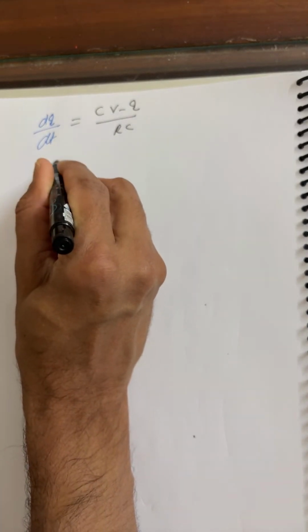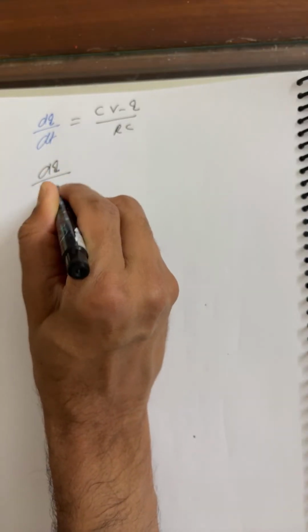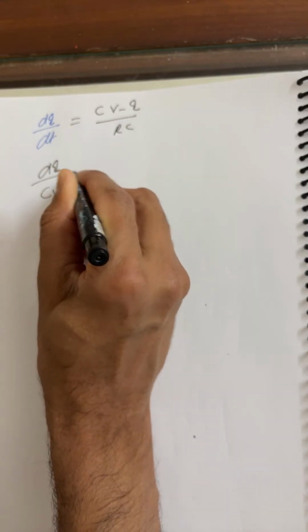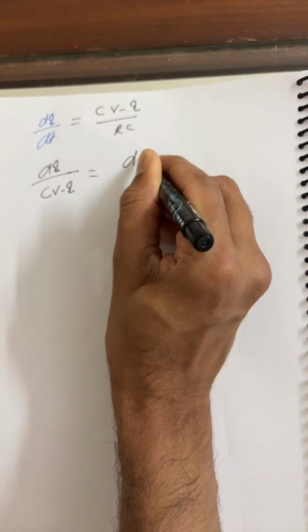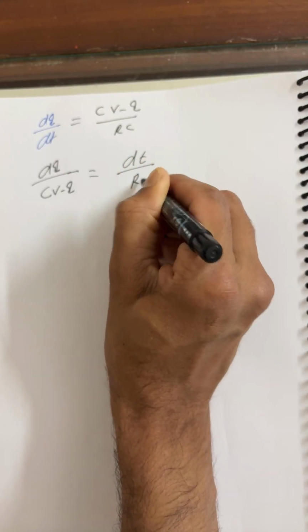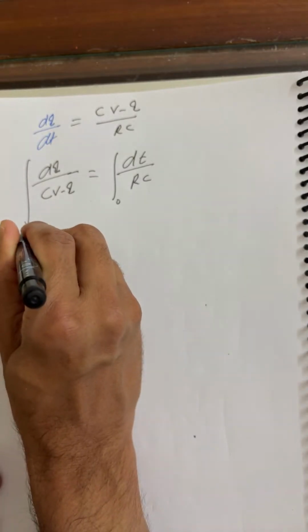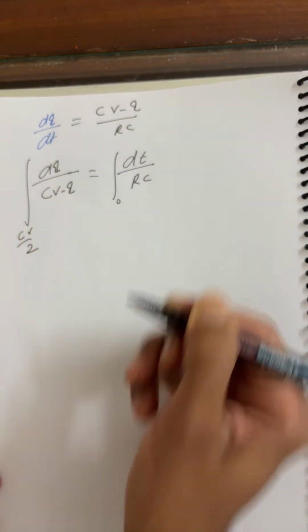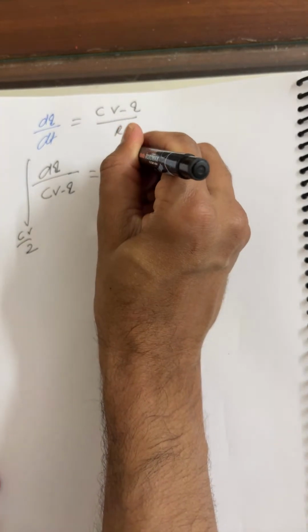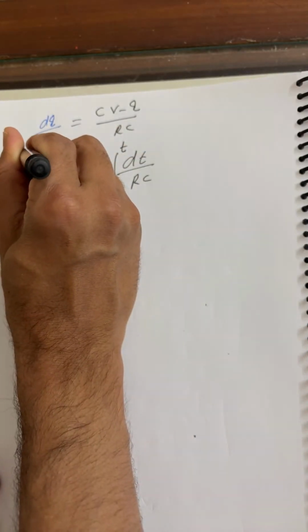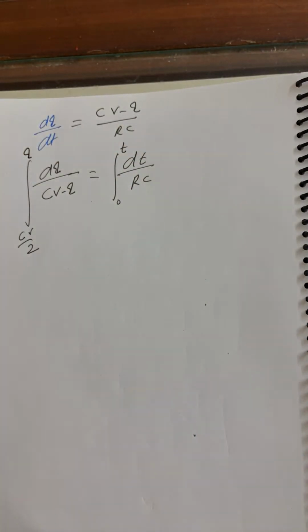So dq upon CV minus Q is equal to dt upon RC. Apply the limits, students. At time 0, the charge on the capacitor is CV by 2. If time becomes t, let us see the charge on the capacitor, which is equal to Q.